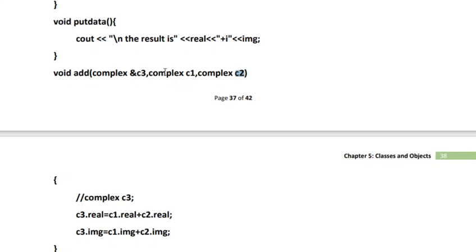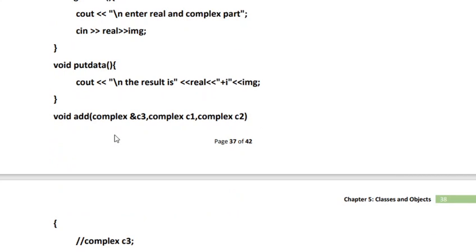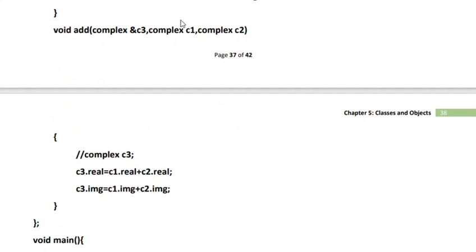Now just see here, the variables are of type Complex, and Complex is a class. That basically means I'm passing a reference to an object and the values of two objects.